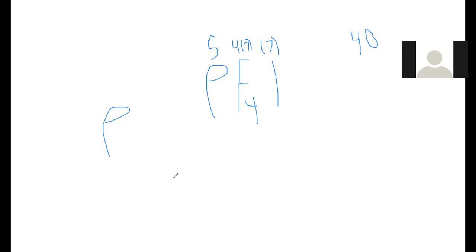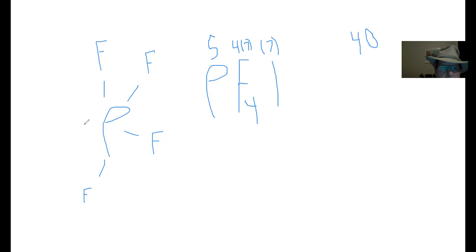Only 1. It can only bond with one thing. So therefore, if this whole thing is a molecule, I have to put all 5 of them around my phosphorus. Does that make sense to you? Yes, sir. I'll explain why in a second.